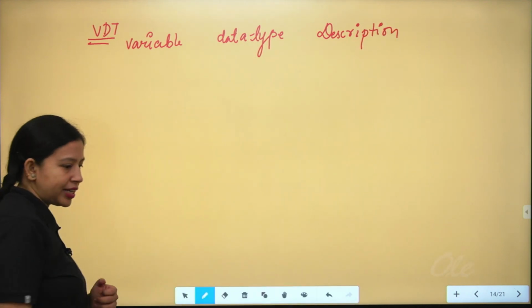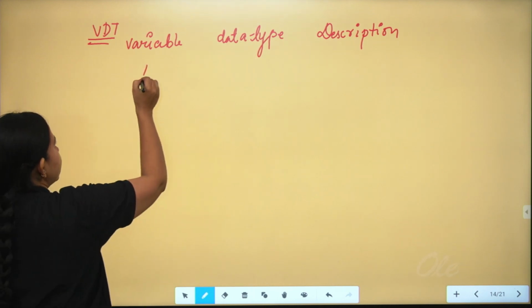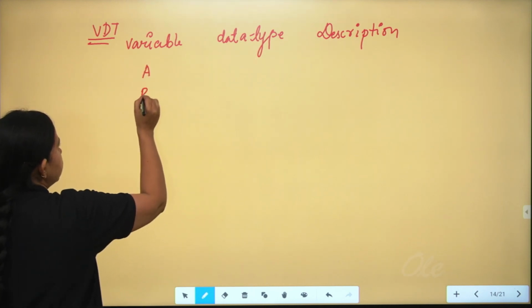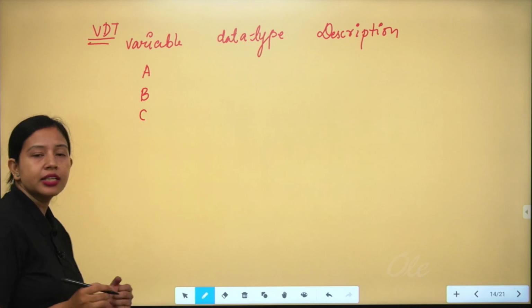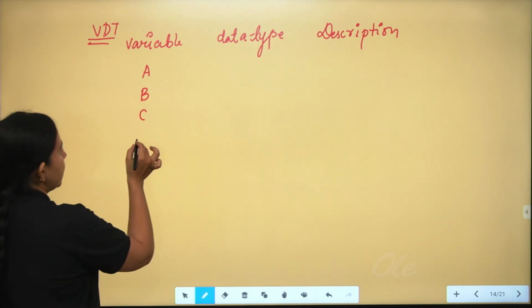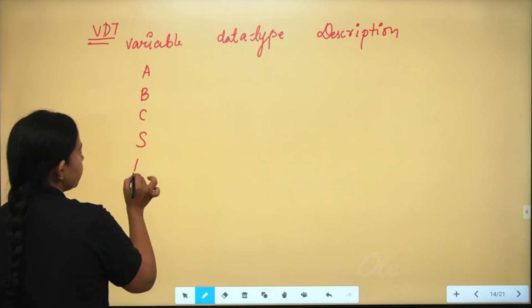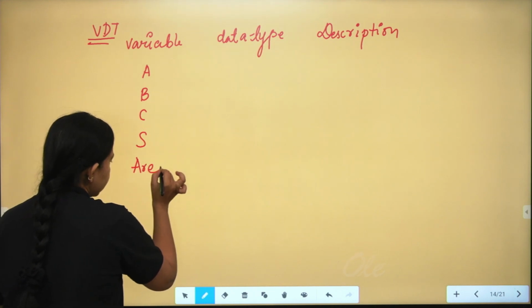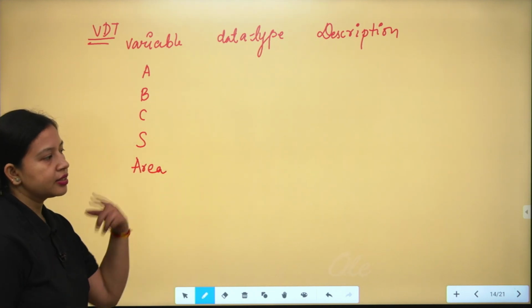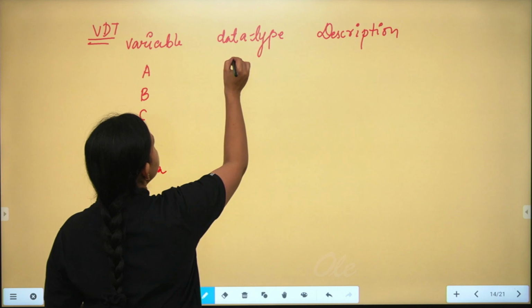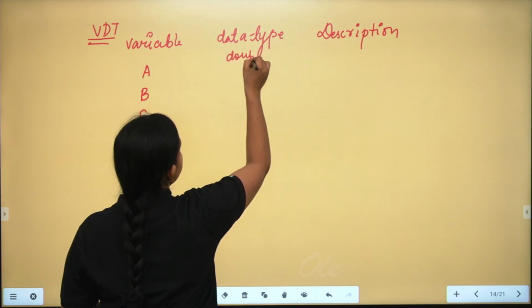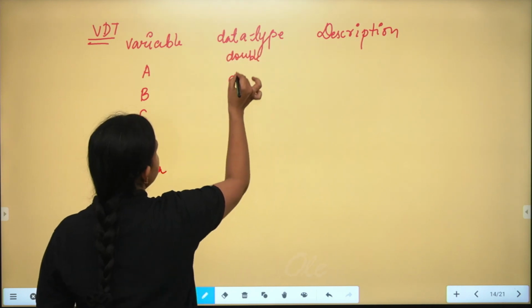So how many variables have we used? We have used variable A, variable B, variable C. Any other variable? Yes. We have used S and one more variable to store the area of a triangle, that is area. So double data type, here it's also a double data type.